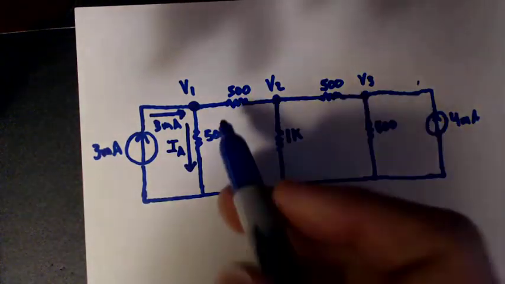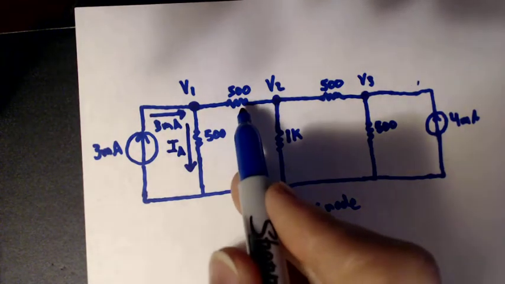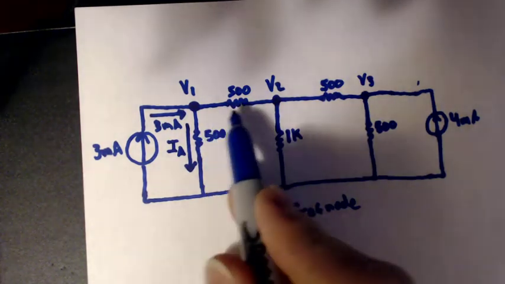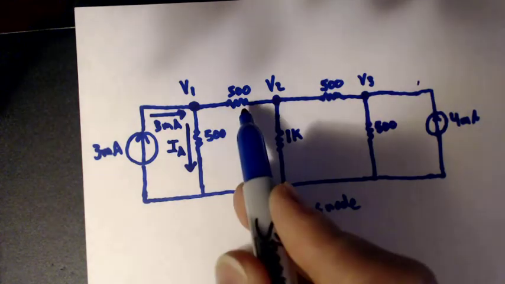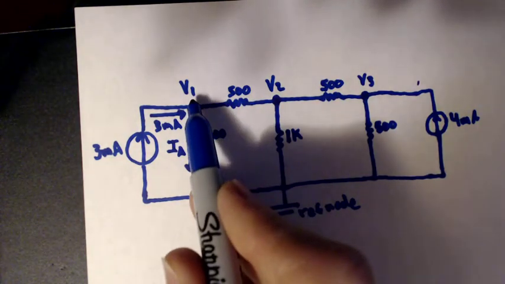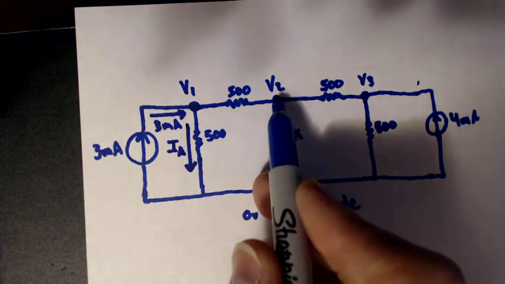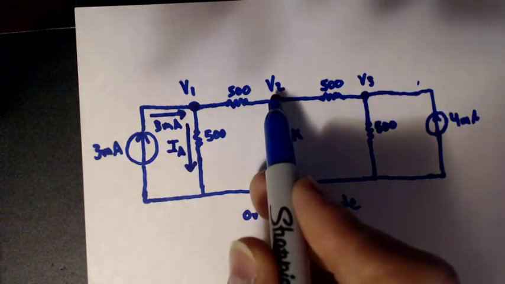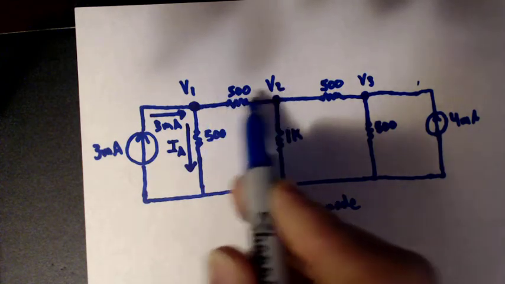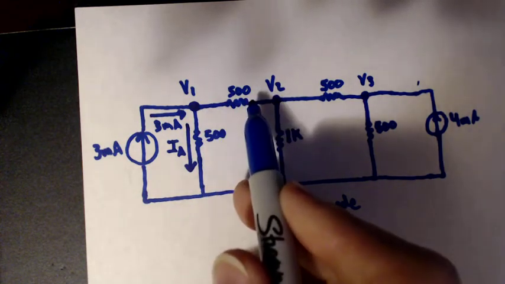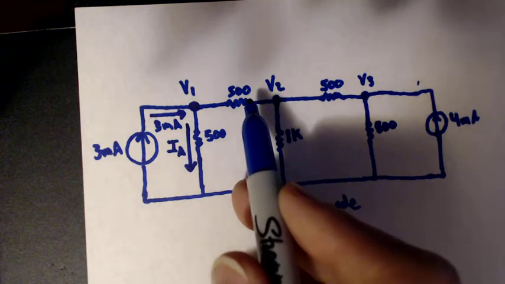Okay, now same thing for this 500 ohms. I need to pick a direction, say it goes to the right, say it goes to the left. It doesn't really matter. In this instance, I have V1 on this side, V2. I don't know which one is higher than the other, so I can't really make an educated guess over here. So it doesn't really matter which direction I pick.